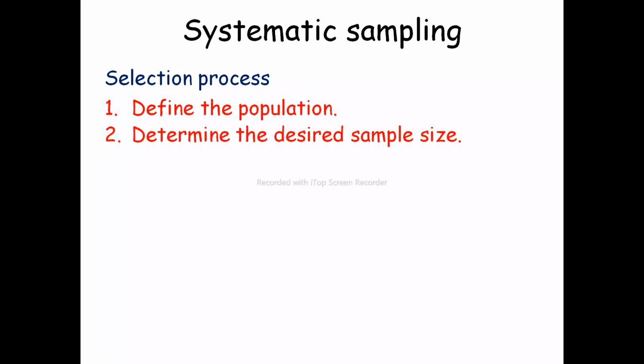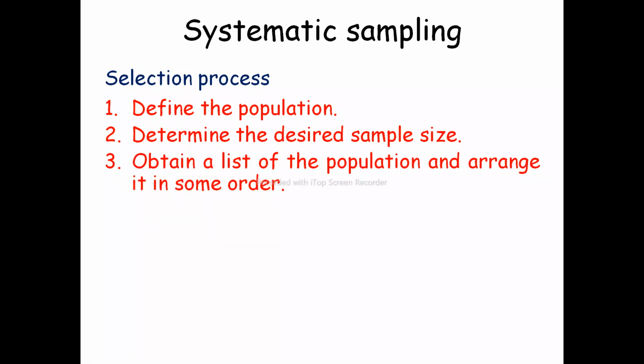Next, the selection procedure. First of all, define the population. Next, determine the desired sample size. Next, obtain a list of the population and arrange it in some order, like we did in the elephant case, where we arranged them in the ascending order of their weights. Usually we arrange the population in the ascending order of some feature.